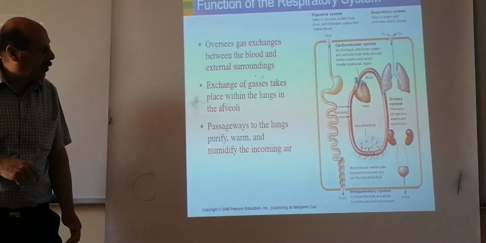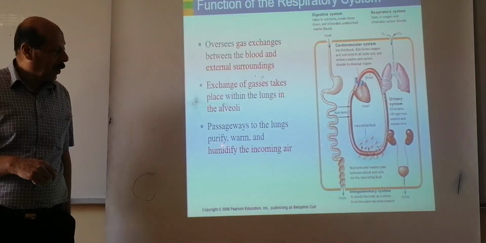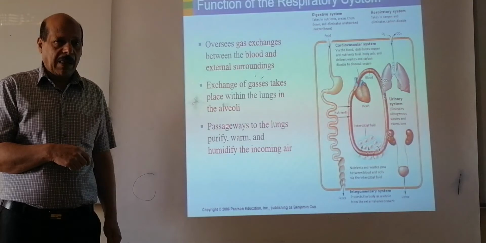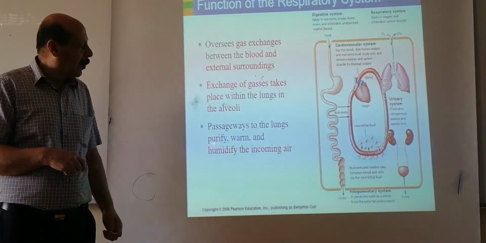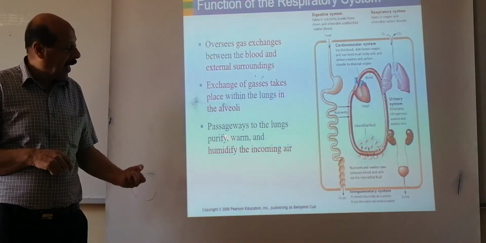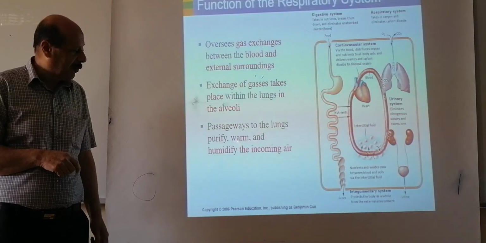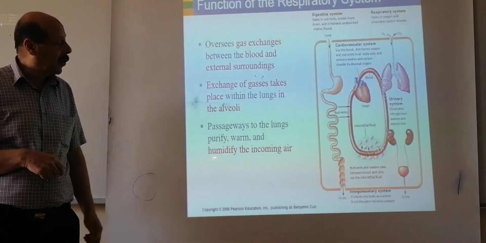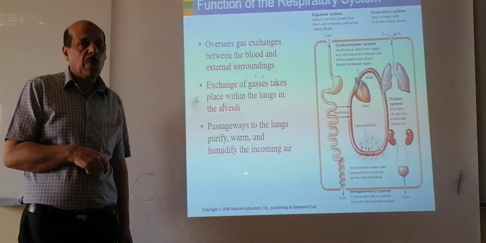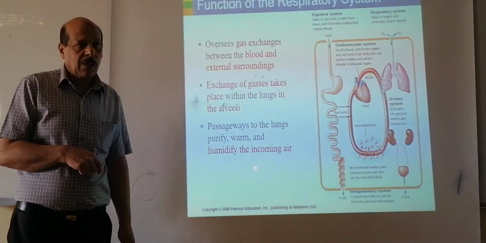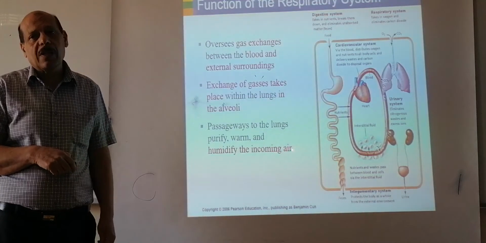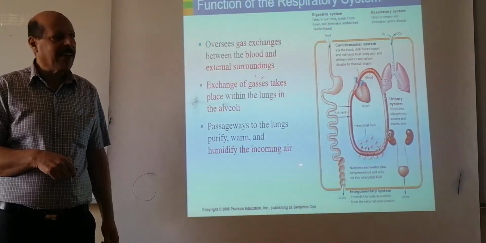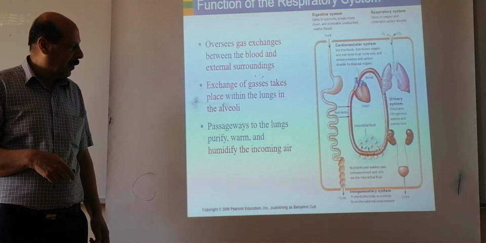During the pathway of air, it will be purified, and it will also get warm before it reaches the lung, and also get humidity in order not to cause irritation and dryness of the mucous membrane.